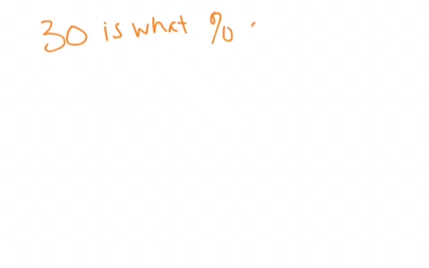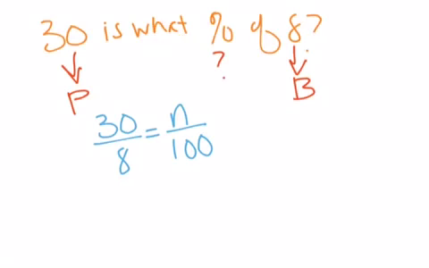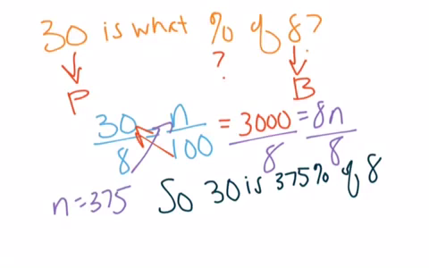Alrighty, so let's do this. 30 is what percent of 8? Again, we're looking for percent. Pause the video and hit play when you're ready to find the answer. Okay, so this time I used the percent proportion. 30 over 8 equals n over 100.